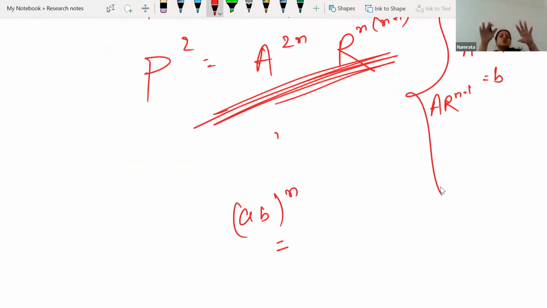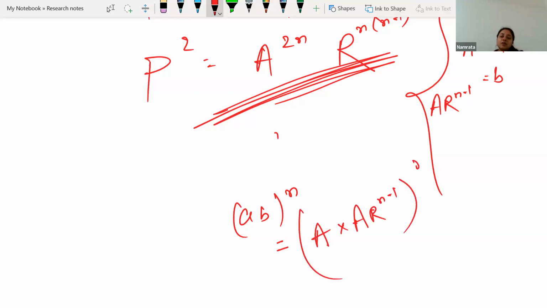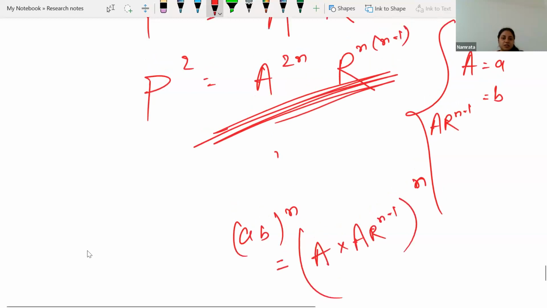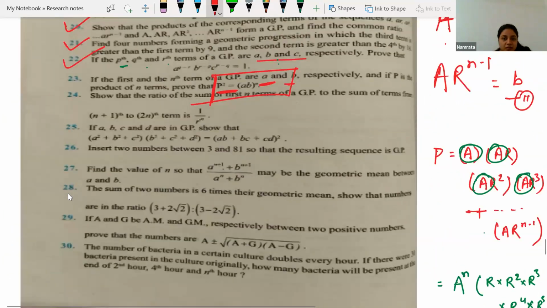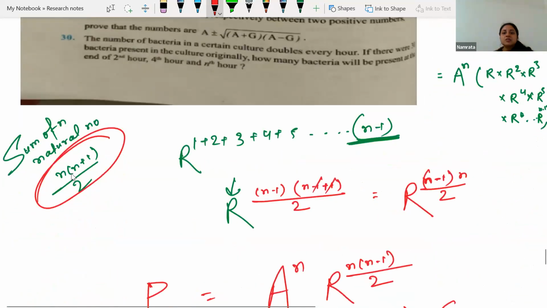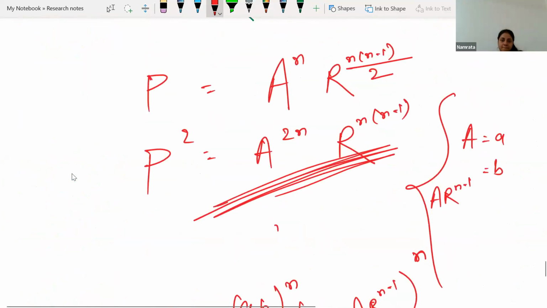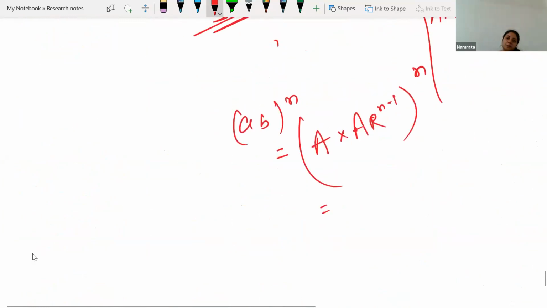So rather than just doing the arrangement, I am doing a straightforward way, that is ab to the power n means for me it is a into ar to the power n minus 1, and that is total power n. Okay, is it only n or what? Yeah, it's only n. Let me check.